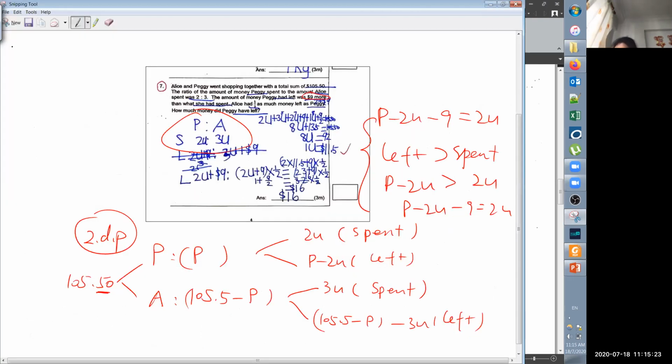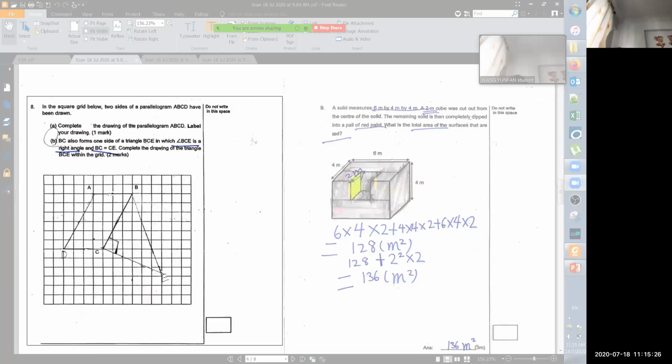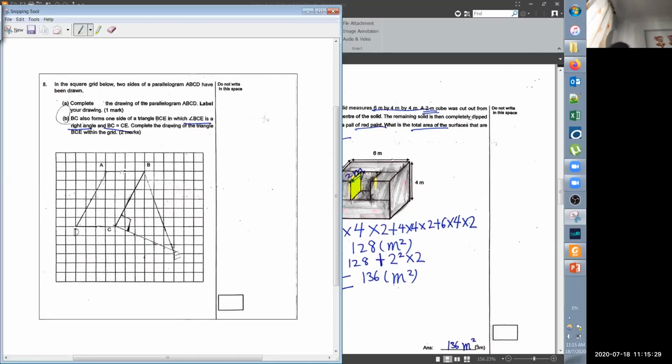So how do you do this question if you are asked to check whether this is correct or not? First thing first, this must be 90 degrees. Okay, you can use your ruler. I remember now, it says BC must be equal to CE, right? Yeah, BC must be equal to CE. I don't know how to measure. Oh, how to measure? Very easy. You use this to measure. So this one is given by 1, 2, 3, 4, 5, 6, 6U here, and then another 3U.